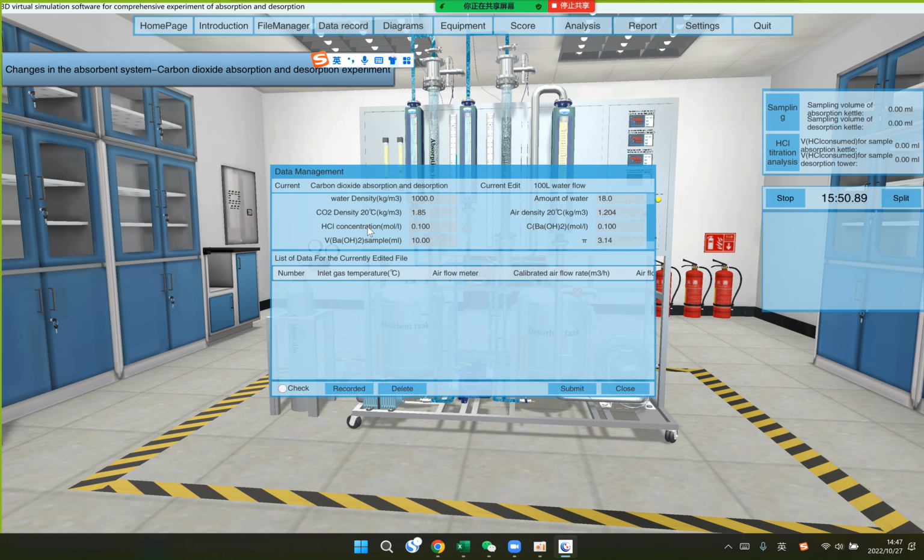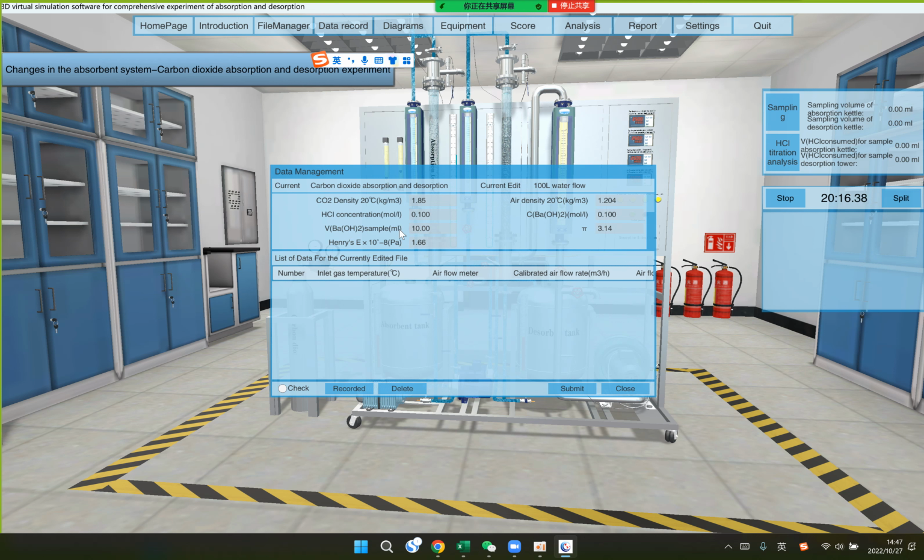So you have to use some concentration for the acid and also for the base, the Ba(OH)2 concentration, and also how much Ba(OH)2 we used for the V. Sampling is 10 microliter.